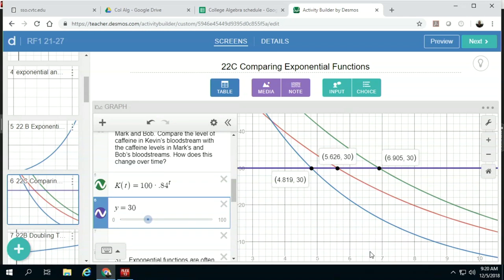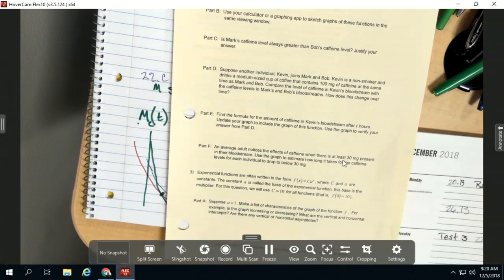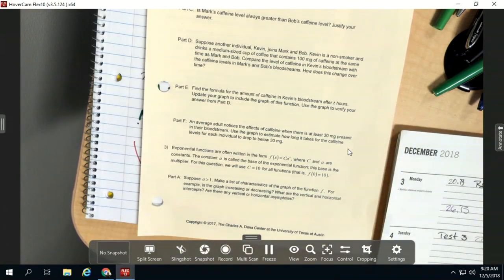Okay, so it says Mark has 30 after 4.8 hours, Bob has 30 after 5.6 hours, and Kevin still has 30 at 6.9 hours. Use the graph to estimate how long it takes for each of them to drop below 30.